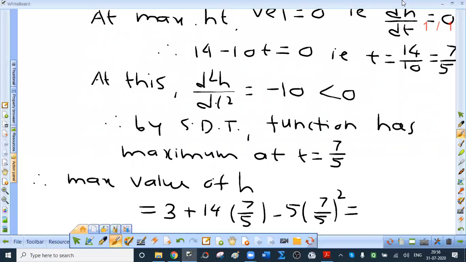Just type your answer in chat box. Yes, correct. 12.8 unit.